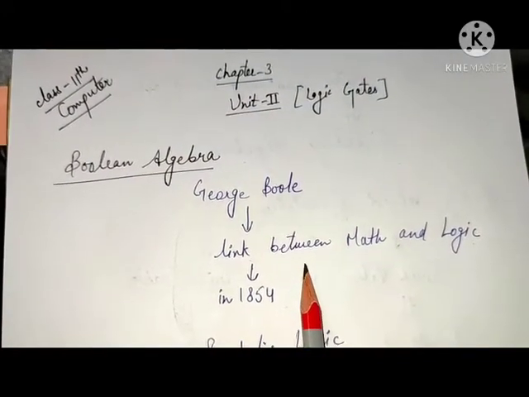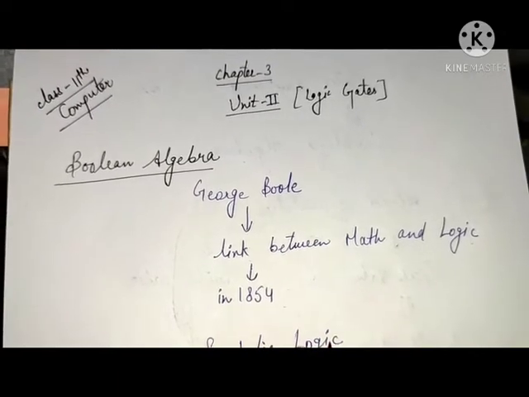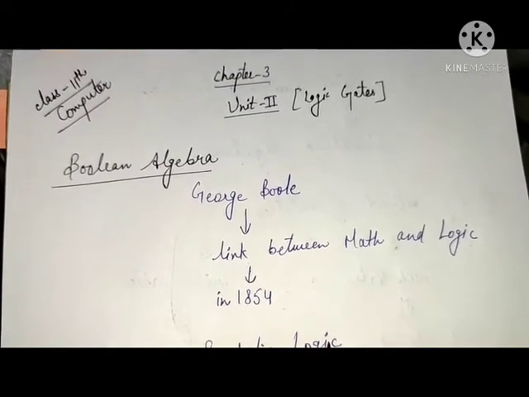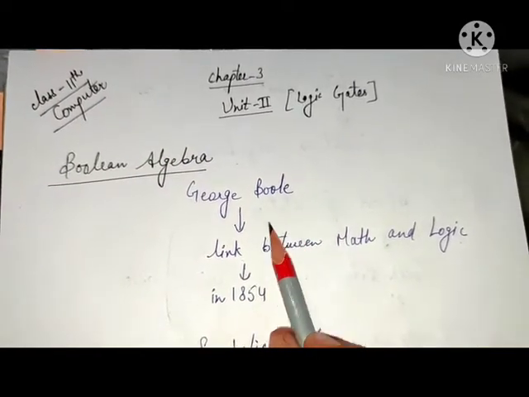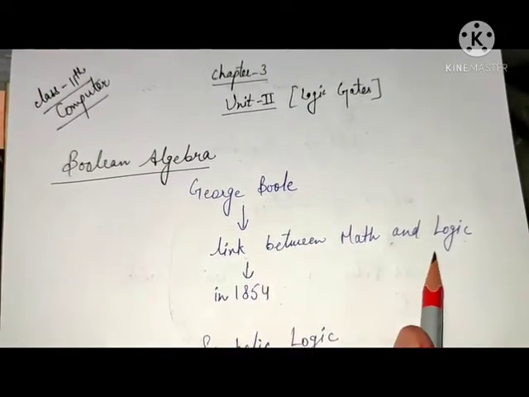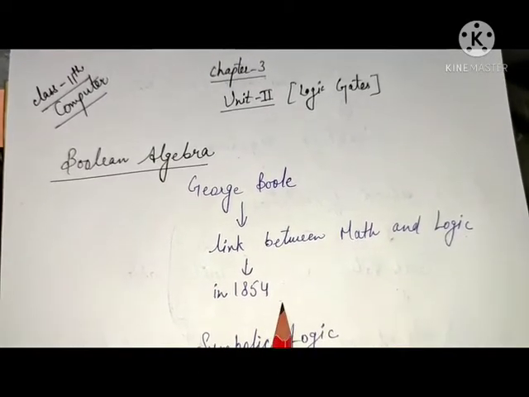Mathematicians and scientists spent a lot of time finding the relation between mathematics and logic. Then George Boole discovered a link between mathematics and logic in 1854.